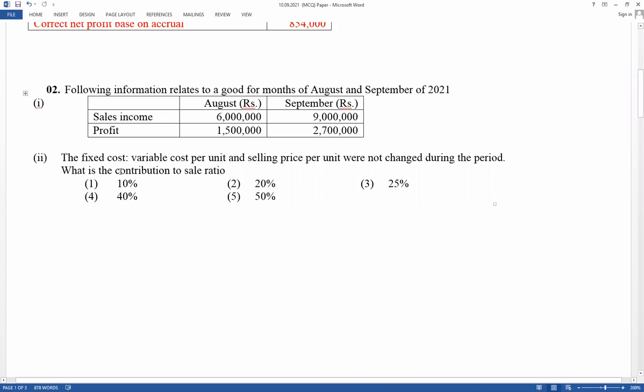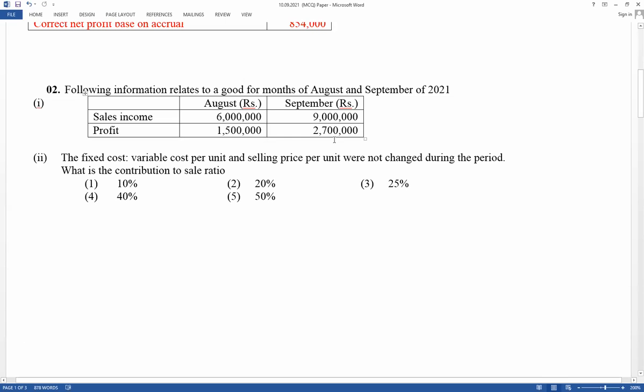Total fixed cost, variable cost per unit, and selling price per unit did not change during the period. So what is the contribution to sales ratio? When quantity increases, profit increases as a result of contribution.